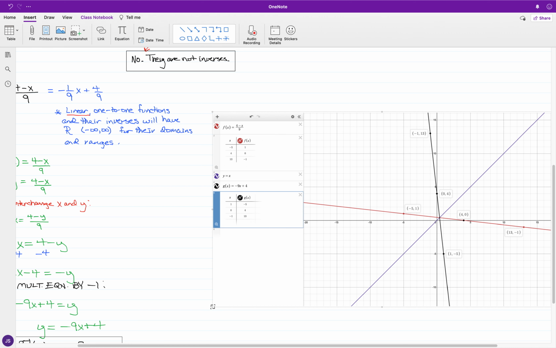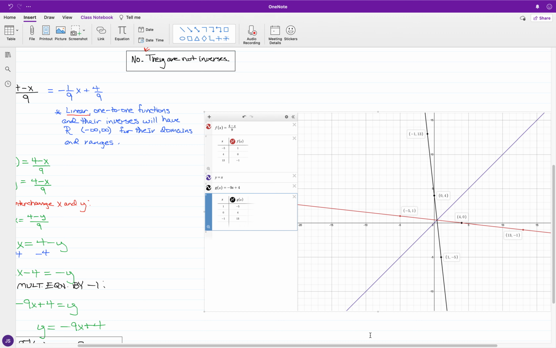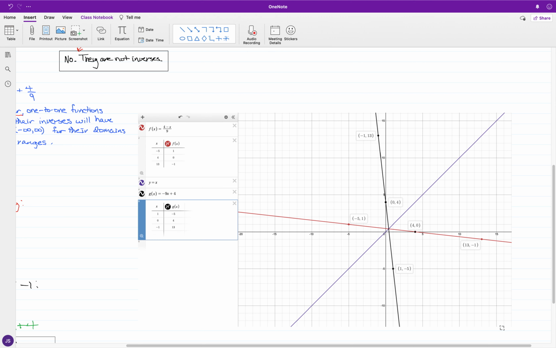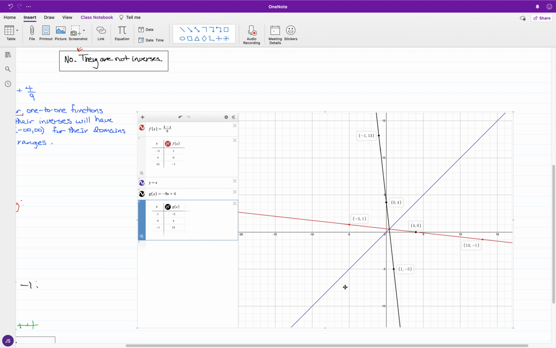Again, the inverse is negative 9x plus 4. Their graphs will have symmetry with respect to the diagonal line y is equal to x, and again, we're interchanging x and y terms. So you have negative 5, 1, 1, negative 5, 0, 4, 4, 0, and negative 1, 13, and 13, negative 1 among the sampled ordered pairs.